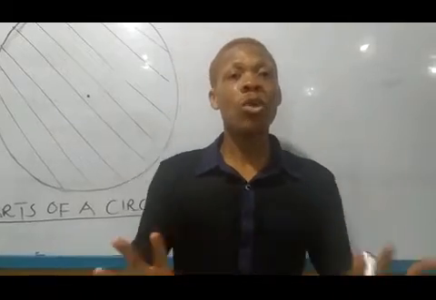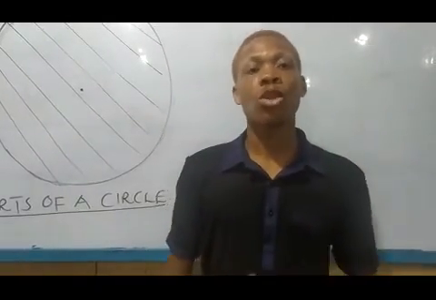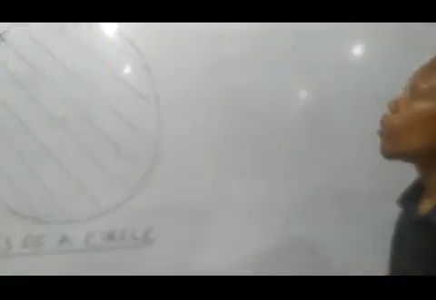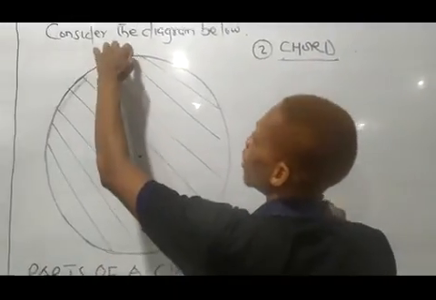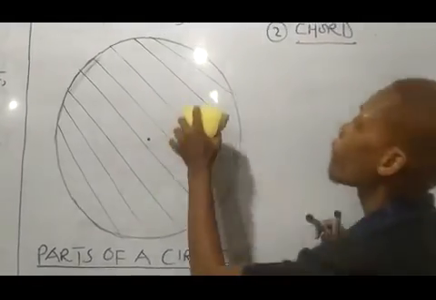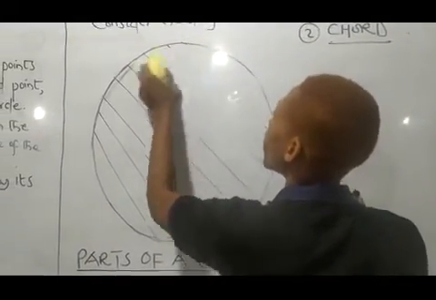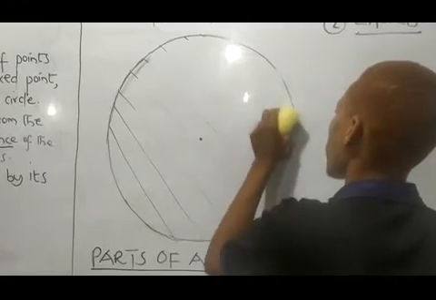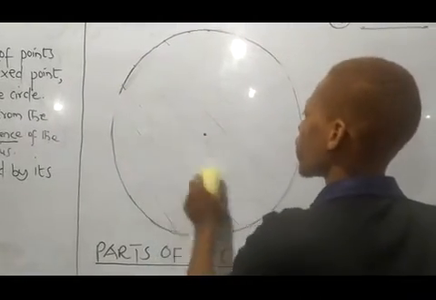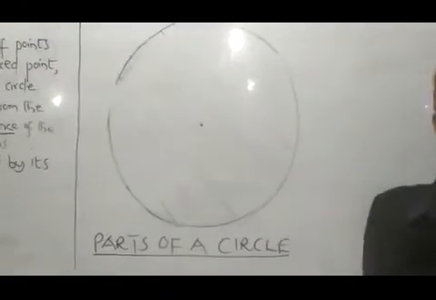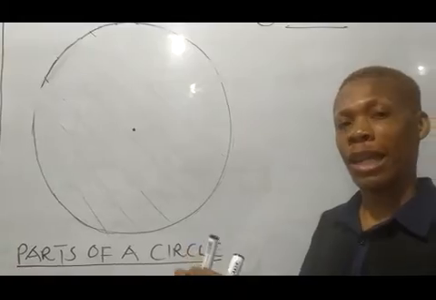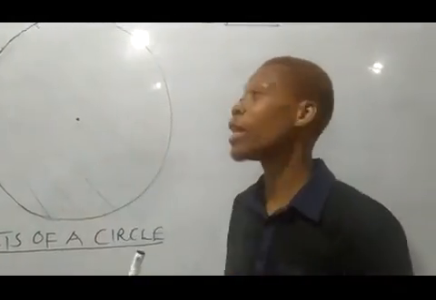So the first thing we looked at is circumference. So now we know what the circumference of a circle is. We explained that the circumference of the circle is the edge here, or the boundaries. The second definition is saying a chord is a straight line which joins 2 points on the circumference.